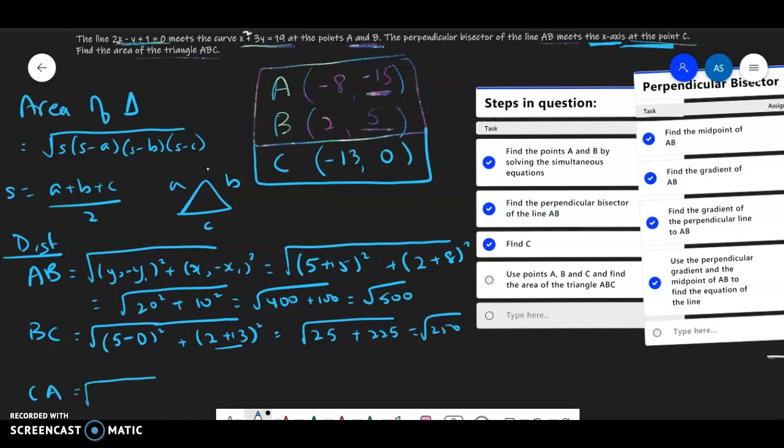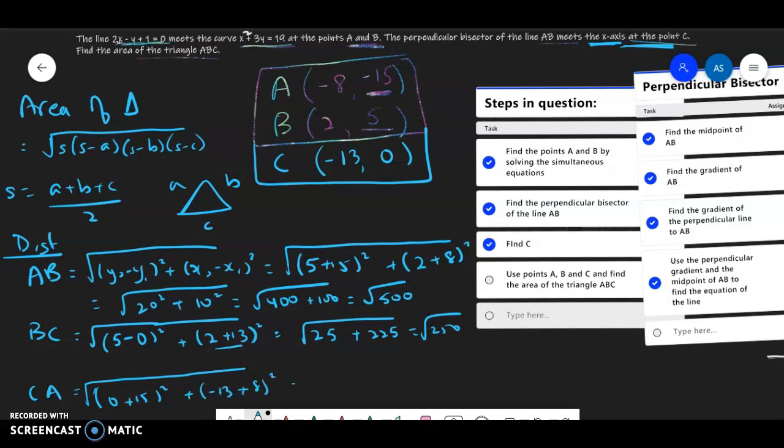And lastly, the distance of the line between the points C and A would work out to be minus 13 plus 8. Okay, let me start with the y. It'll be 0 plus 15 squared plus minus 13 plus 8.